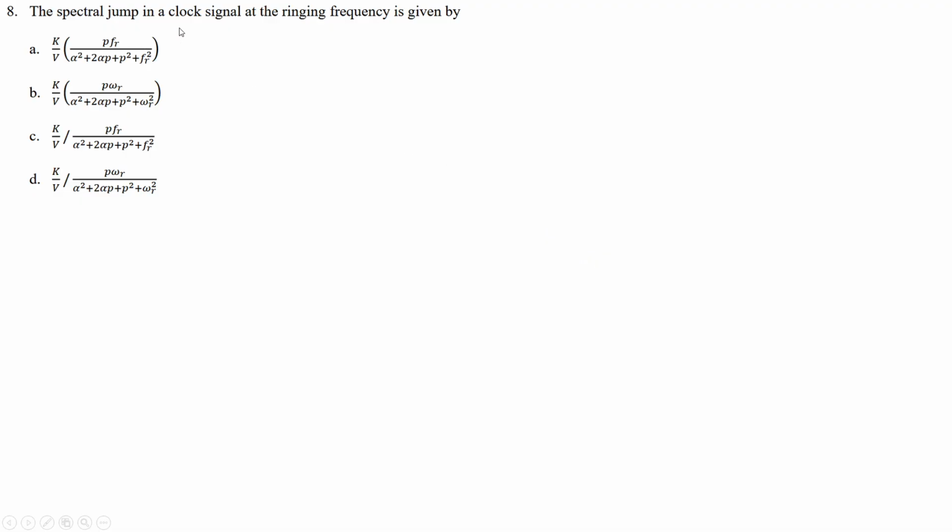The spectral jump in a clock signal at the ringing frequency is given by... For the derivation, if you see lecture 14, the professor has derived this, the expansion coefficient for a ringing square wave.